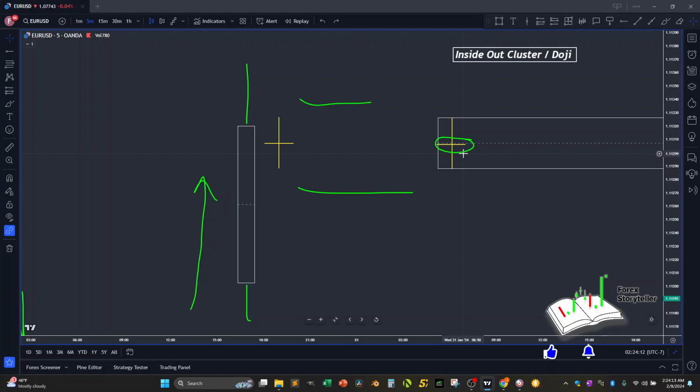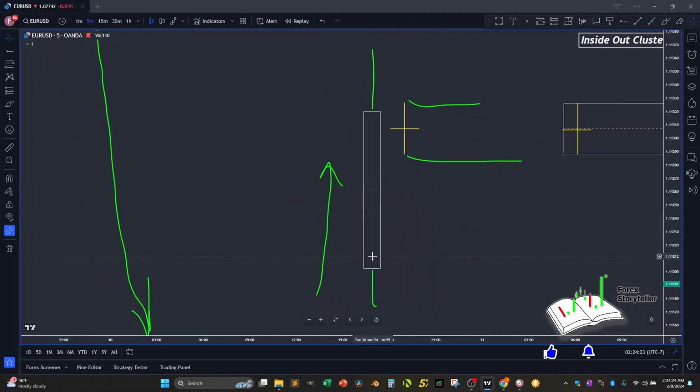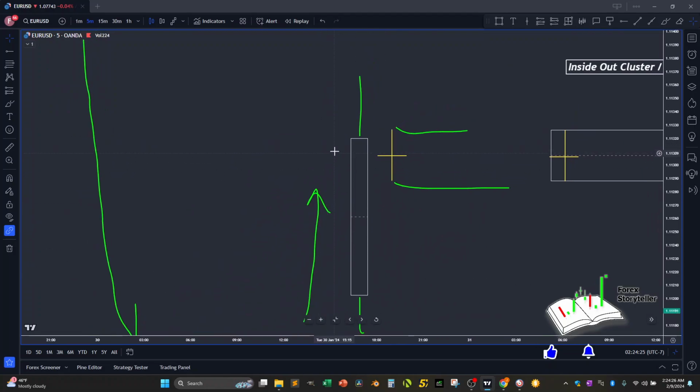You are looking for a cooperative tool, preferably, and then basically you're looking for a very strong up push in the price. It could be a wick, it could be a long wick, short wick, makes no real difference whatsoever. It just has to be a strong push of the market, and then suddenly you see a doji.